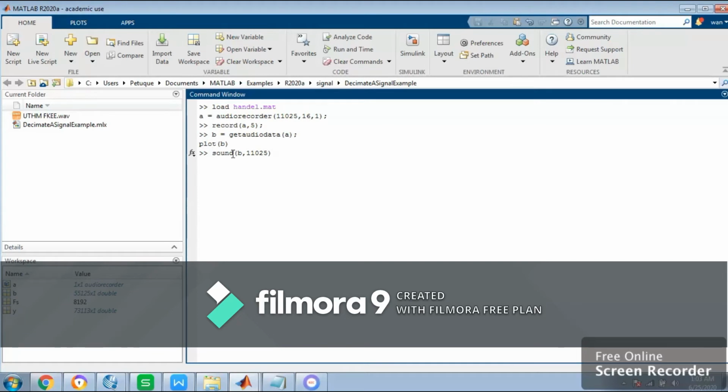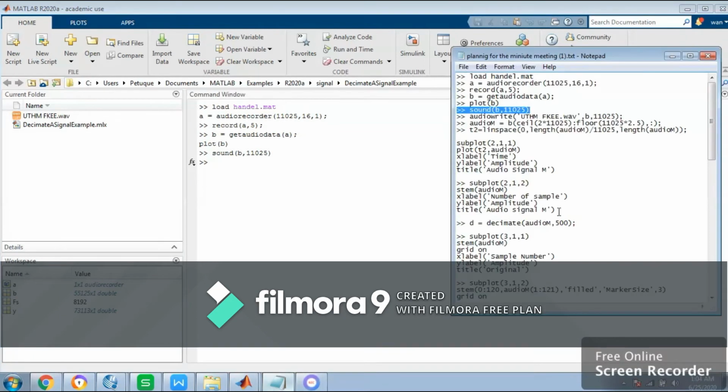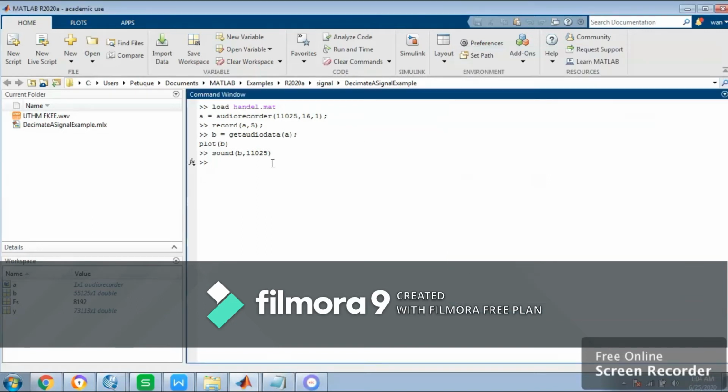Okay, next we are going to retrieve the audio M from the whole audio UTHM FKEE. From this coding we can see audio M equals the ceil and floor of the signal. We're going to use the ceil and floor functions.